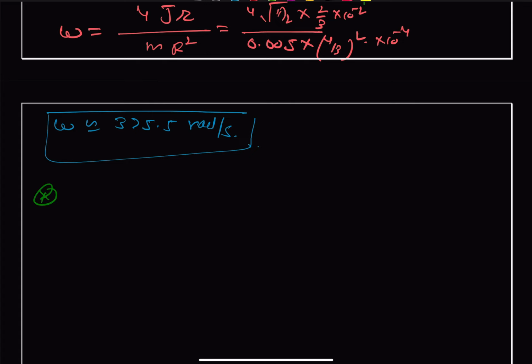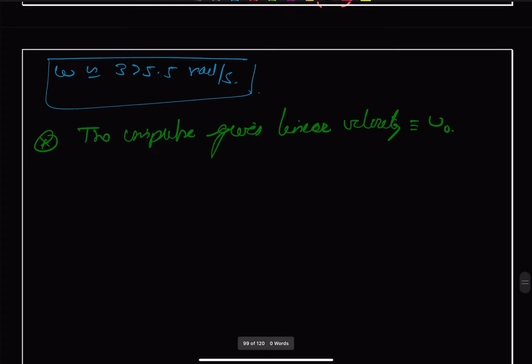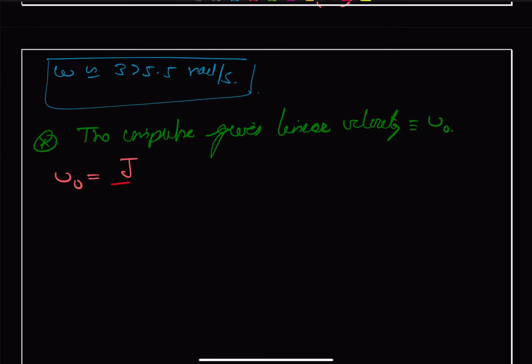The impulse gives a linear velocity, and let us suppose that is our v naught. So this v naught will be equal to impulse divided by mass m, which is square root of pi by 2 divided by mass 0.005. This comes as 2.5 meter per second.